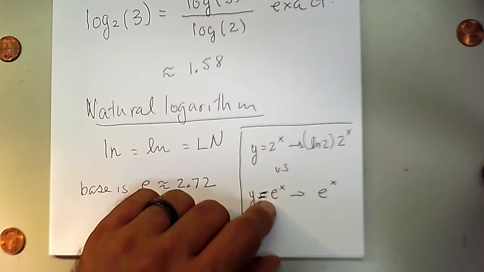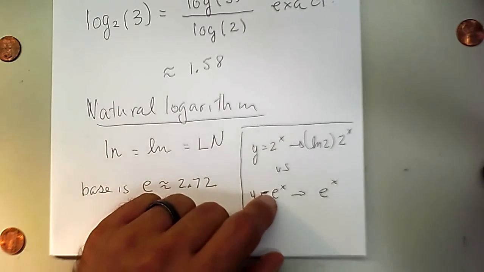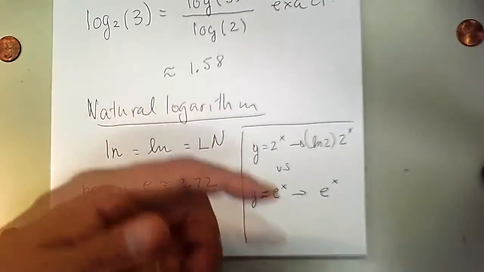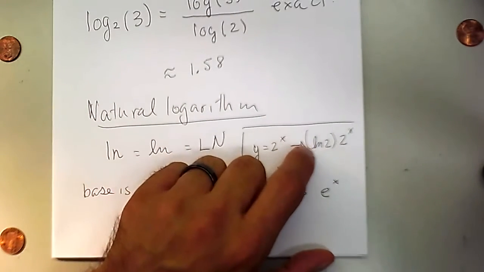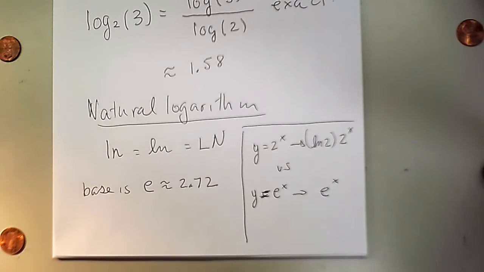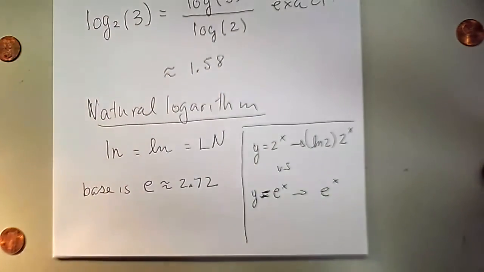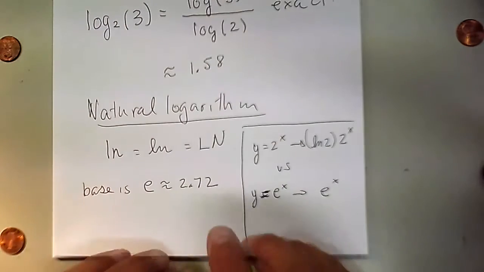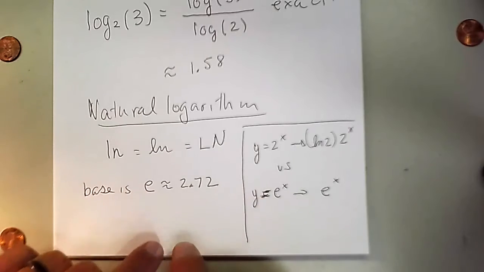So it is by far more convenient to use e because the derivatives don't add things to them that make the computations cumbersome. So in my opinion, that's a really good reason why we want to use e as opposed to any other base, because it makes the calculus computations that much easier. And it turns out that you can also change bases of exponential functions.